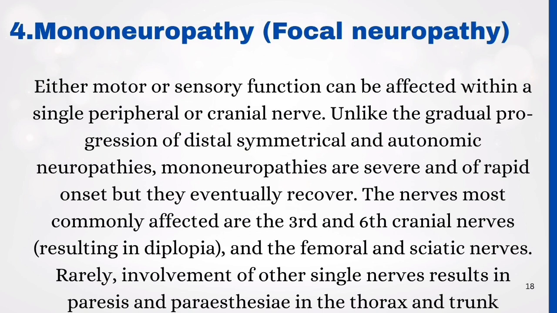Mononeuropathy. Either motor or sensory functions can be affected within a single peripheral or cranial nerve. Unlike the gradual progression of the distal symmetrical and autonomic neuropathies, mononeuropathies are severe and of rapid onset, but they eventually recover. The nerves most commonly affected are third and sixth cranial nerves and femoral and sciatic nerves, rarely involved of other single nerves, resulting in paresis and paraesthesia in the thorax and trunk.